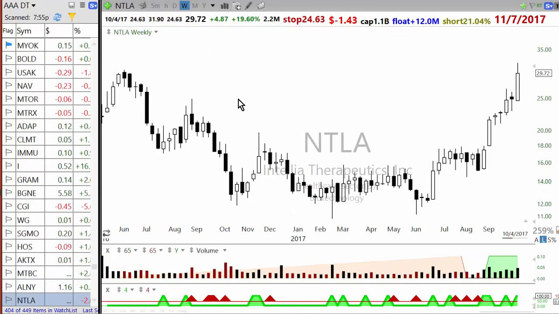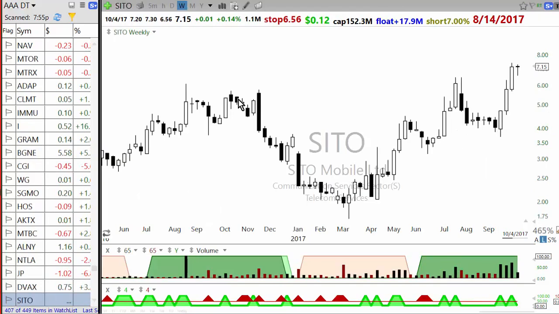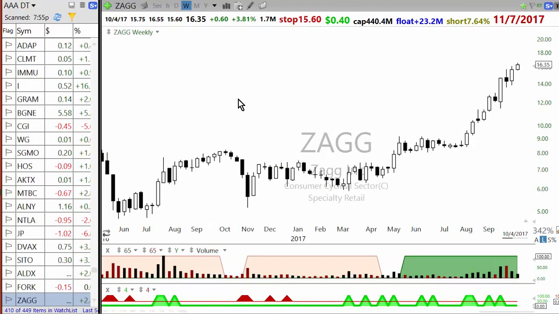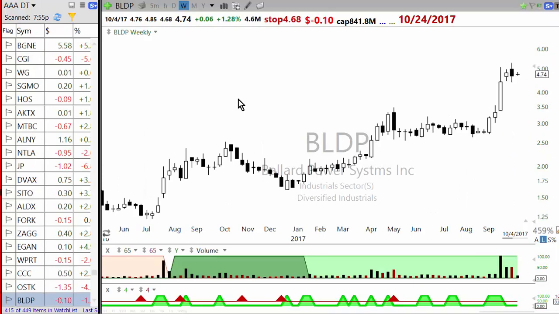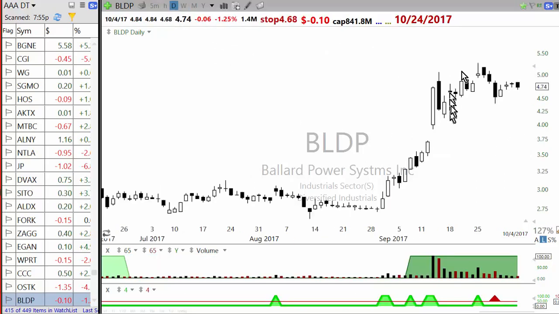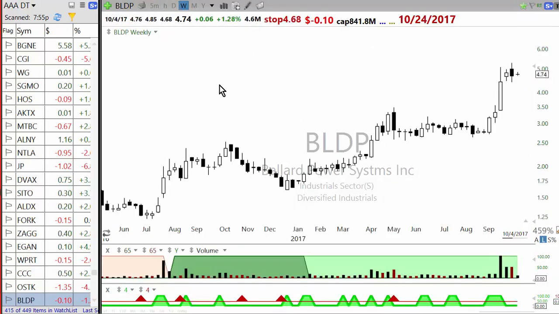Ideal situation is you find something on a weekly, and then it is also a very good daily setup. So if you find a combination of that, then that's a very good situation. Like say here, probably it's going sideways, not enough sideways, and see it's choppy, so that's not a good setup.